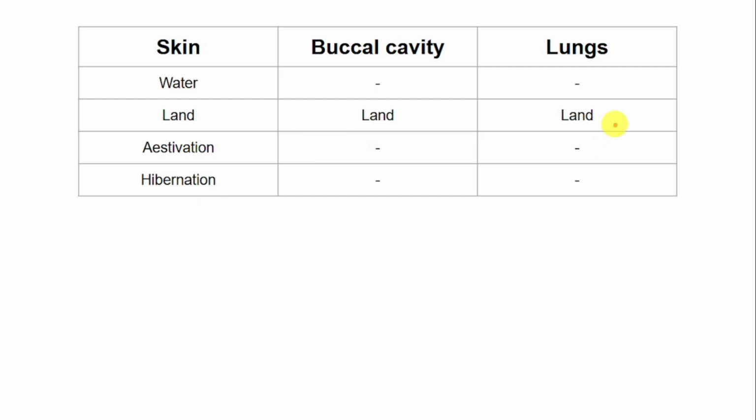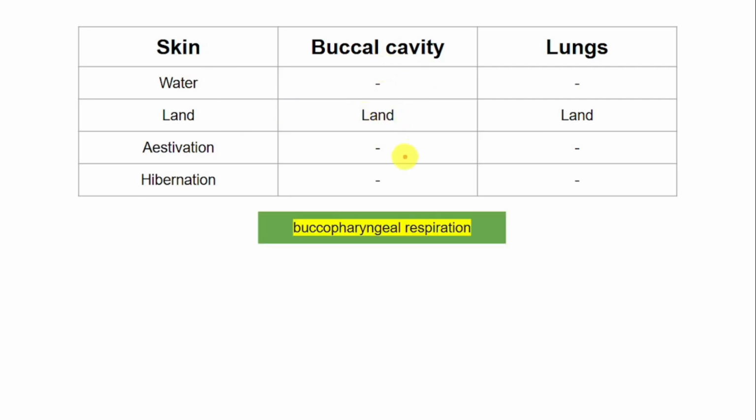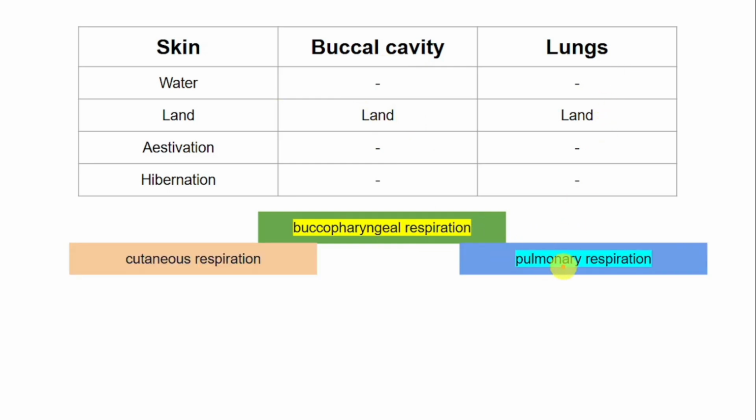Similarly, lungs are also used only when frog is on land. So skin respiration, which is called cutaneous respiration, happens all the time. Keep this in mind. And buccal respiration, which is called buccopharyngeal respiration, and pulmonary respiration, will happen only on land. Clear? So keep this thing in mind. Next one.